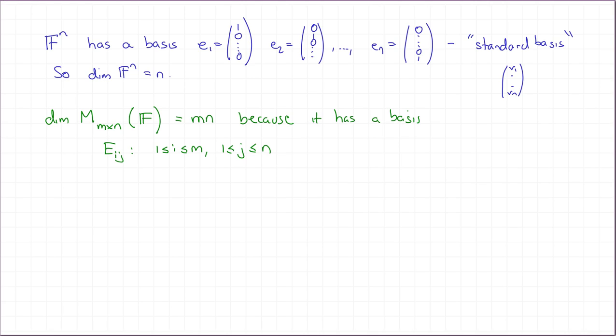And here what I mean by E_ij is the matrix with a 1 in position ij. So its ij entry is 1 and 0s everywhere else. Now we haven't proved this, but we did at least do an example of this in our lecture about bases.